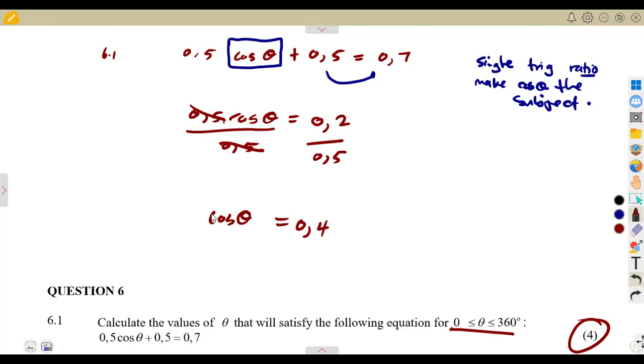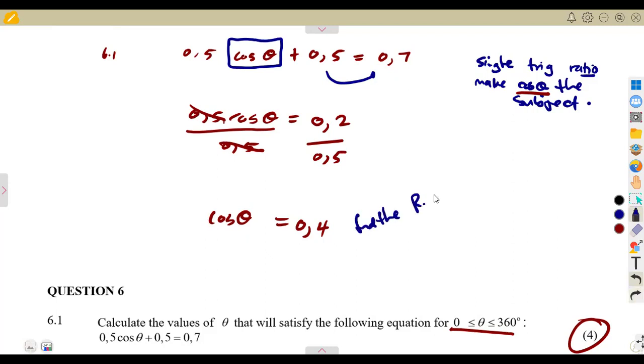Like I said, what you need is a single trig ratio, that is to make cos theta the subject. And there we have cos theta being equal to 0.4. So what is going to be the reference angle from this? As you have a single trig, what you're going to do is to find the reference angle.